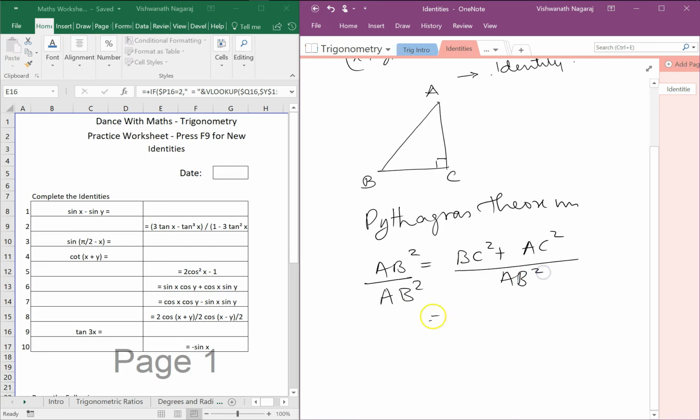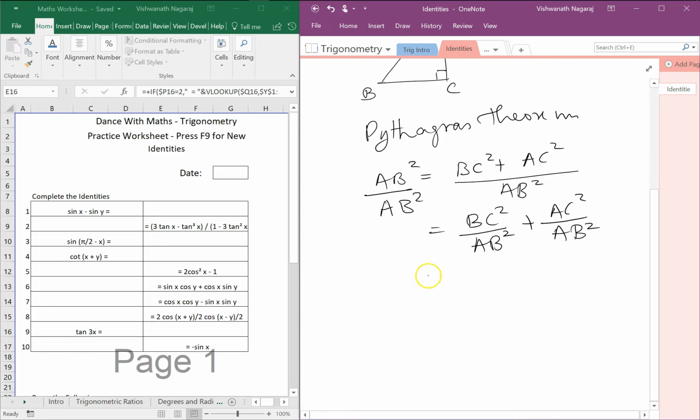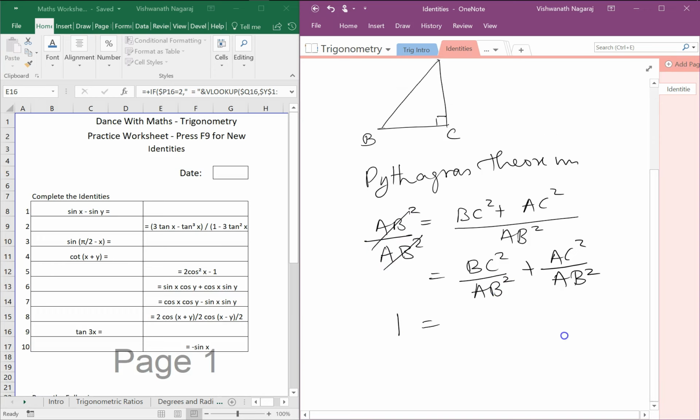If we divide it like this, then we can split this fraction into two fractions, BC square by AB square plus AC square by AB square. If you take LCM and add it, you will get back the previous fractions. Now AB square by AB square is 1. BC square by AB square is what?